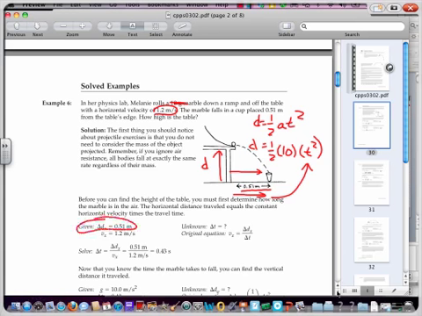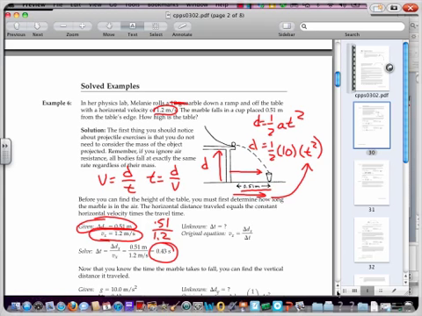Right now what we've got is a distance of 0.51 meters, and we know a velocity, 1.2 meters per second. Well, that's a pretty easy problem. Velocity is distance divided by time, and we're looking for time, so time is distance divided by velocity. So it's 0.51 divided by 1.2, or 0.43 seconds. So the time it took for that ball to fall was 0.43 seconds, and we know that because it took that long to go 0.51 meters.